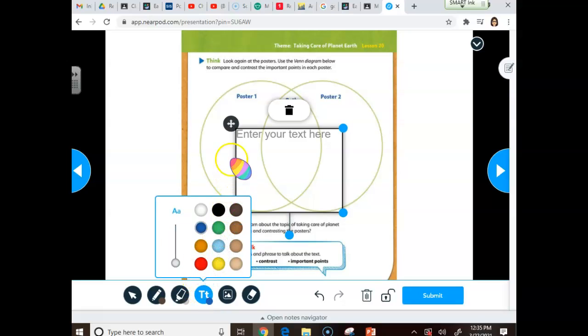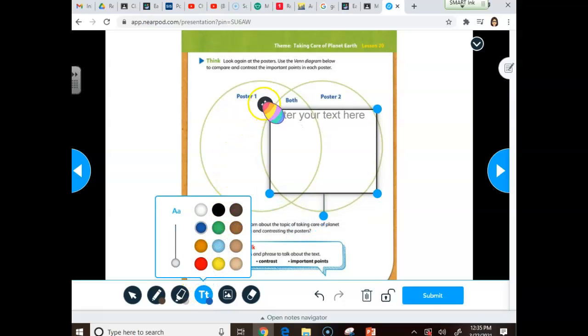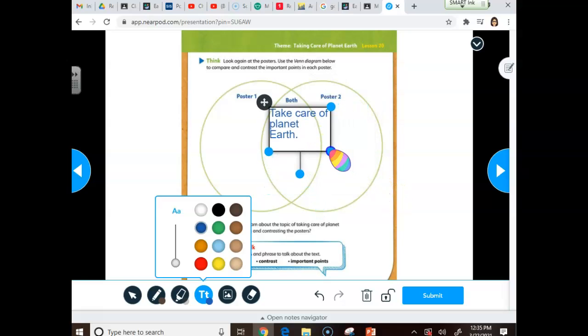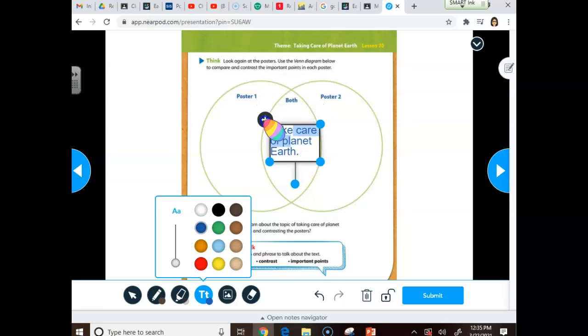So guys, how are they the same? Both posters said what? Take care of planet Earth, right? All right, so I'm going to put it right here in the middle.